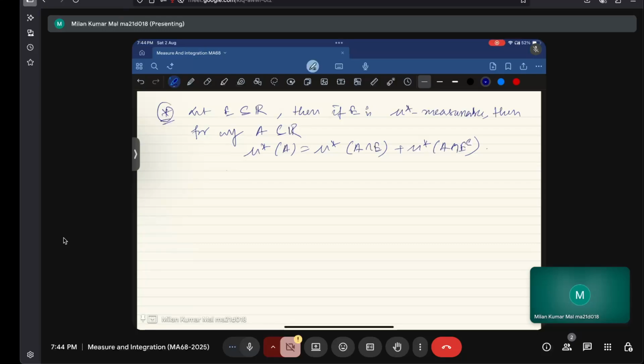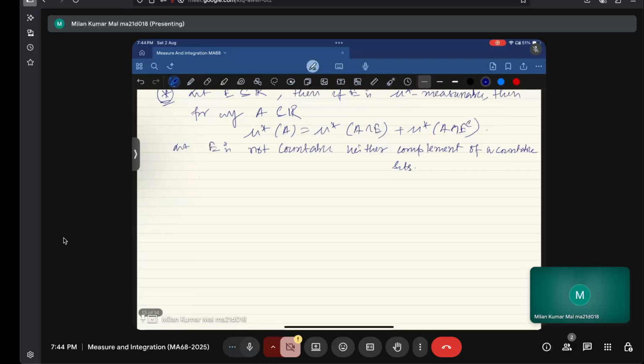So you have to give some, I mean, if a set E is not countable, neither the complement of a countable set, then E is neither countable nor uncountable.